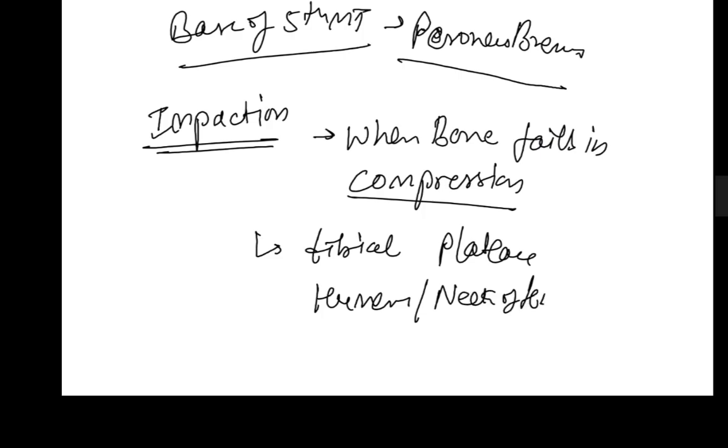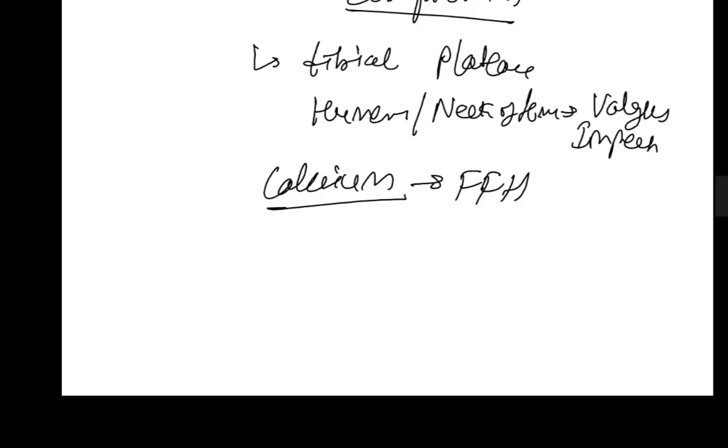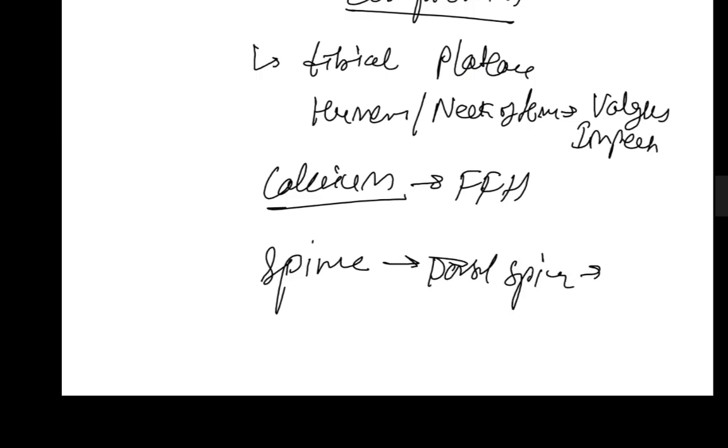Valgus impactions are common. Calcaneum in case of a fall from height. In the spine it is seen in the dorsal spine as a wedge compression fracture.